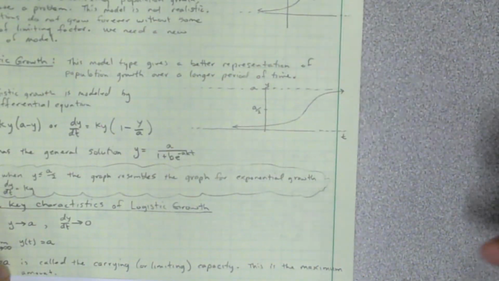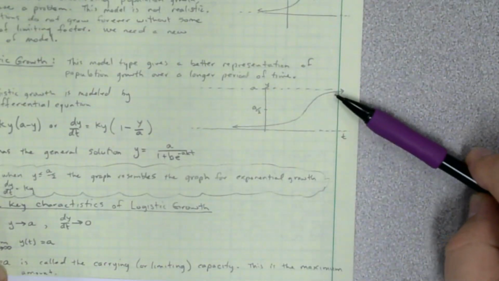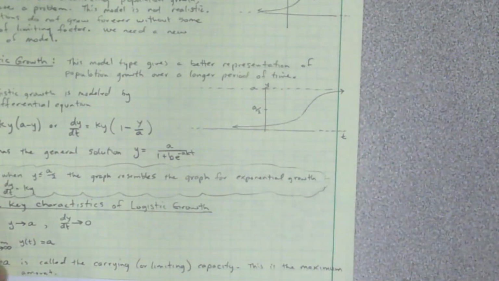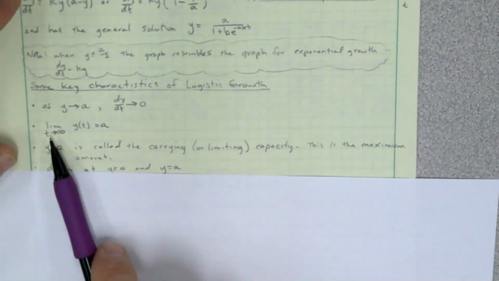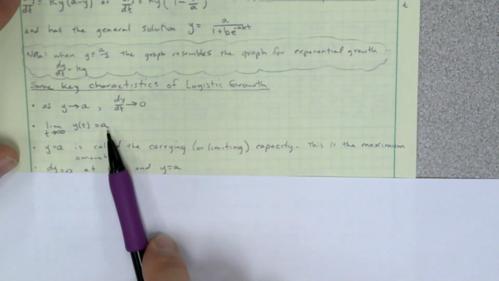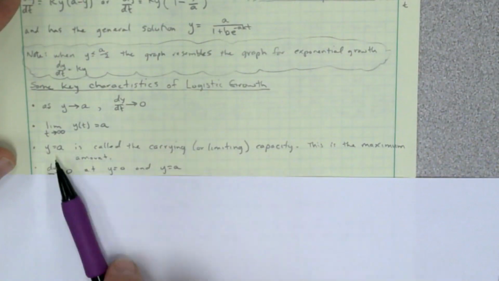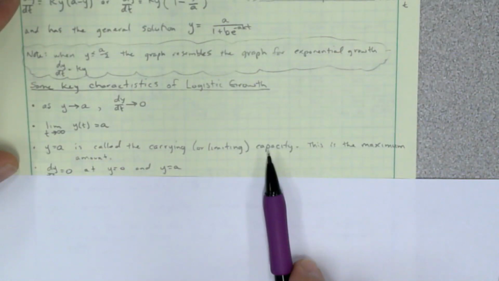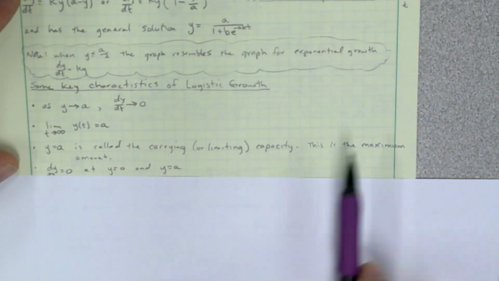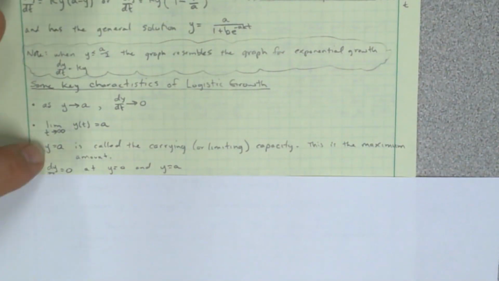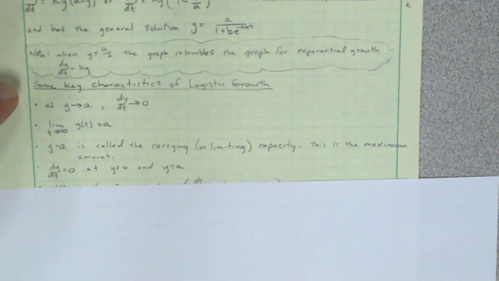As y gets closer to a, it turns more and more horizontal. The limit of the function as t goes to infinity is a. Y equals a is called the carrying or limiting capacity. This is the maximum amount that can occur. That's an important number. You'll see that quite a bit in your problems.